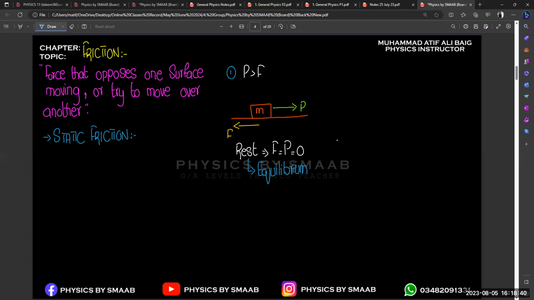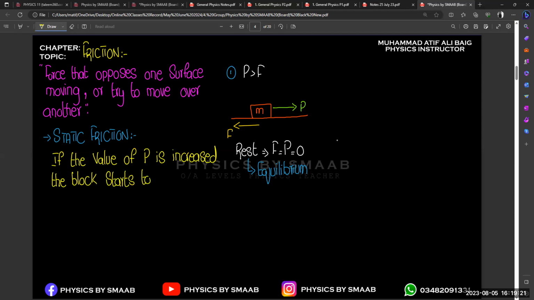So in static friction, we can say that if the value of P, the applied force in our case, is increased, the block starts to move.